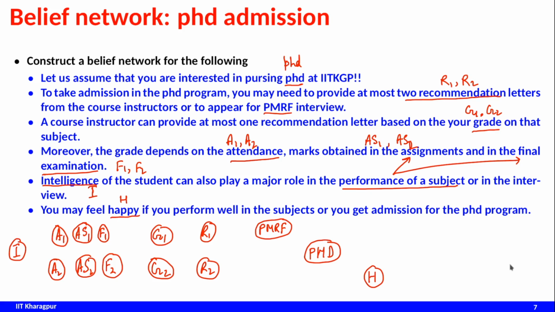Now if I try to depict the dependency, then intelligence will influence my performance in the assignment. Intelligence also influences the marks in the final examination. So this will influence these two as well, and intelligence will also influence how my interview is happening. So I can write in this way.